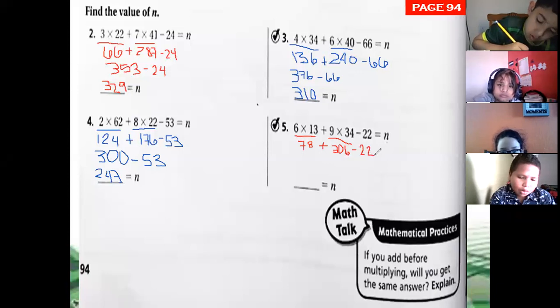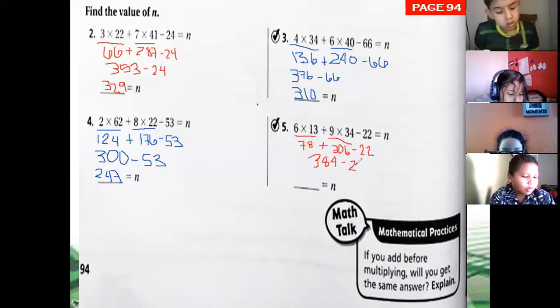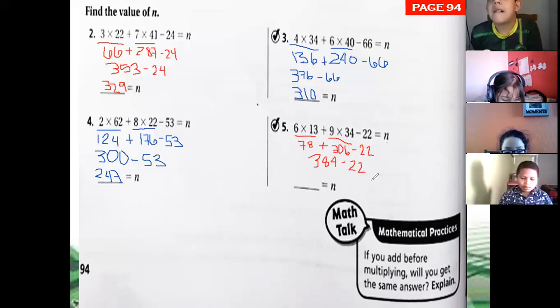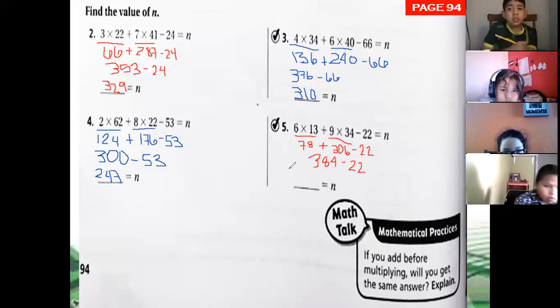Now 78 plus 306 is 384, minus 22. So these exercises are not difficult. You only have to follow the rules. You only have to follow the order of operation. 384 minus 22, 362.